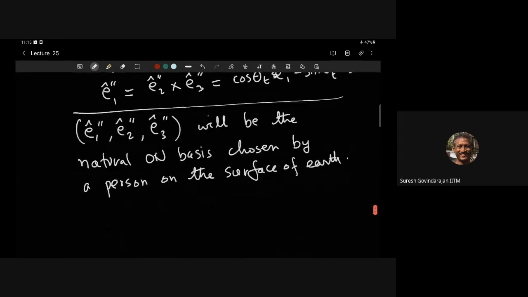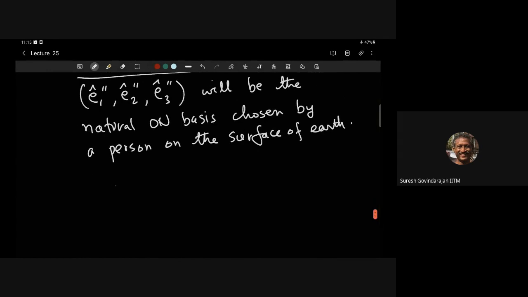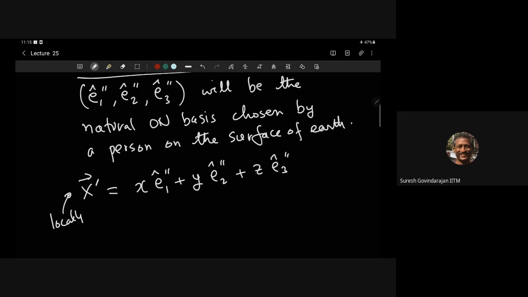But nevertheless, what I'm trying to say is that a person locally wants to choose coordinates, so I'll put prime to remind you that it is a coordinate. This would be x E1 double prime plus y E2 double prime plus z E3 double prime.